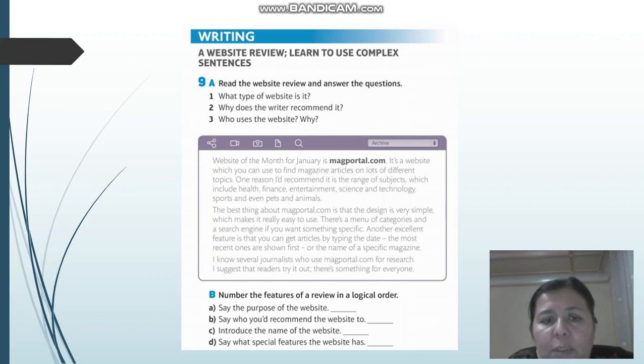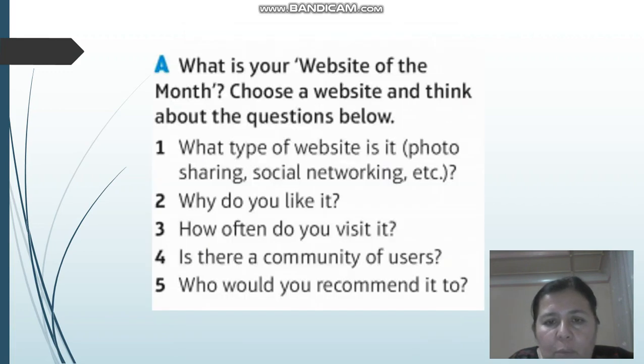What type of website is it? Why does the writer recommend it? Who uses the website and why use it? Of course, exercise B is very important too. Please do these exercises to number the features of the review in a logical order, after reading the notes which are given in a box.